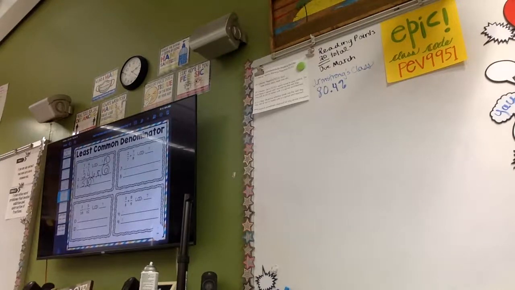All right, so let's go down to 3/10 plus 5/12. So write that down on your paper. Work it out. I'm going to give you a little bit of time to work that one out.